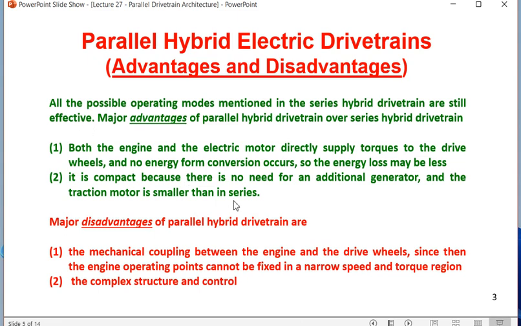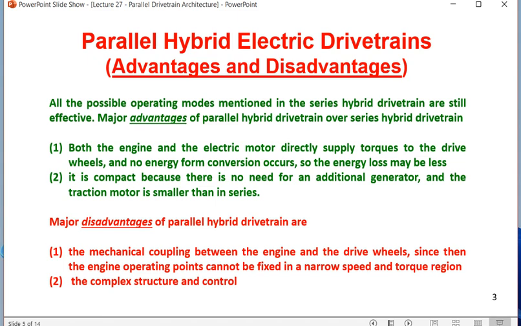Disadvantages of parallel hybrid: the mechanical coupling between the engine and drive wheel is found, since the engine operating points cannot be fixed in a narrow speed and torque region, because it is difficult to control mechanical coupling and its characteristic within a very narrow speed and torque region.